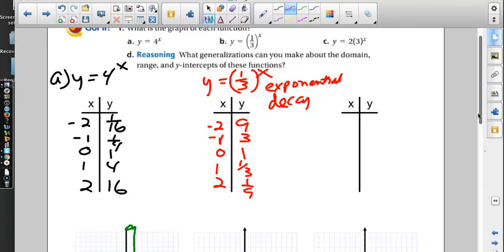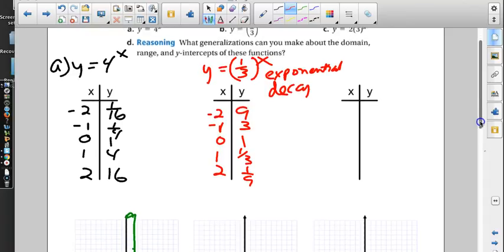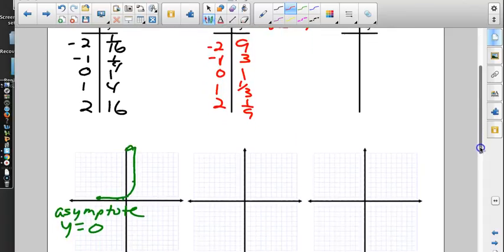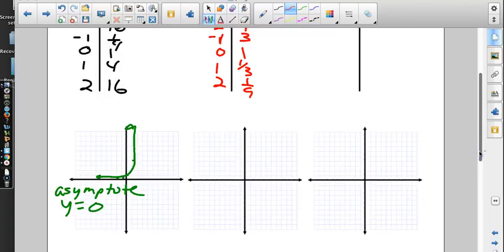Okay, it's backwards. We've got all the high numbers on the left-hand side and all the low numbers on the right-hand side. So let's graph that one. -2, 9. -1, 3. There's that 0, 1 again. And we've got 1, 1/3, and 2, 1/9 again. They just are going to look really small.